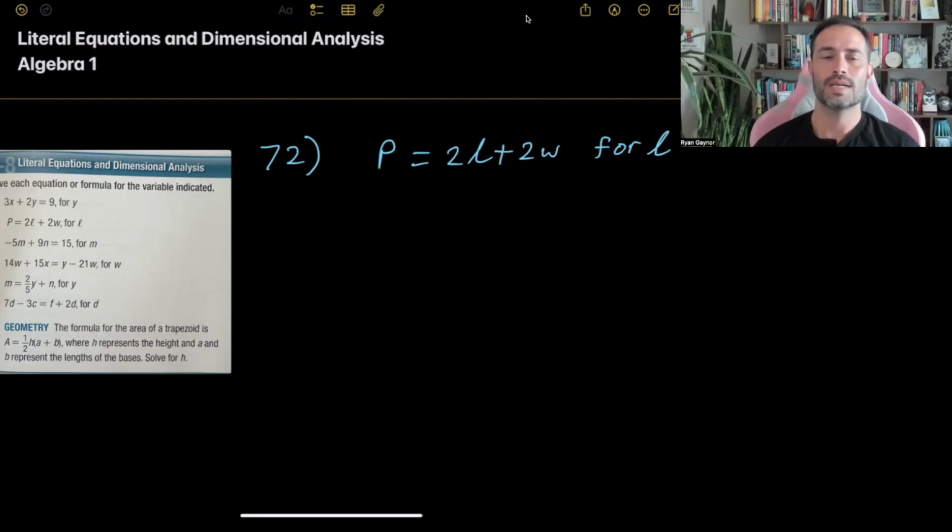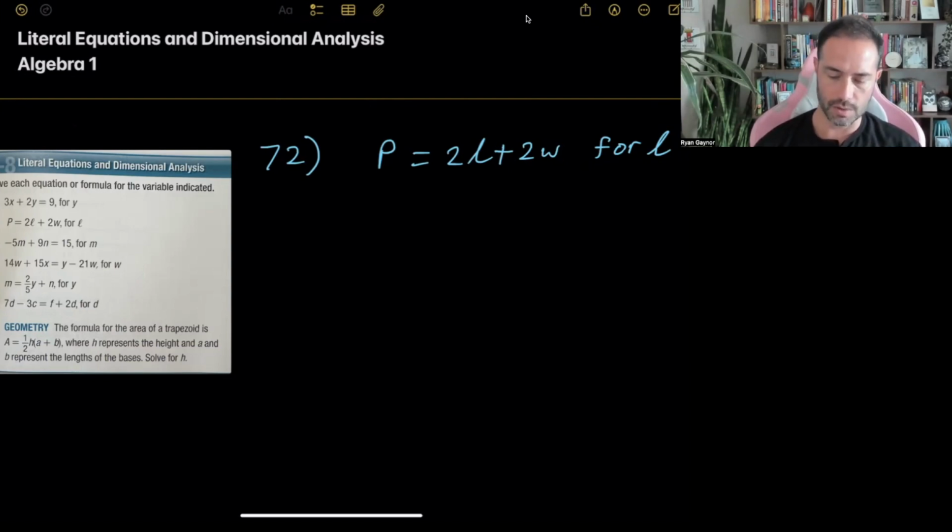They love to pull out different geometry formulas for stuff like this. So this is the perimeter equals 2 times the length plus 2 times the width. All right, so we have to isolate L, the length. Here we go.